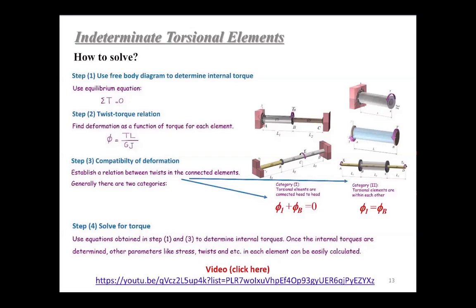You have to use these principles to solve the internal torques. So again, indeterminate torsional elements just means you cannot build enough equilibrium equations to solve all the internal torques. Then what can we do? Based on the principles from the last chapter, you have to establish an extra equation based on compatibility, the geometric correlations between different elements.